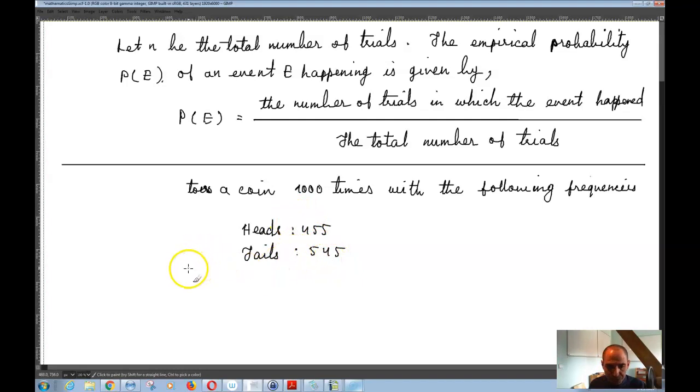Now you want to compute the probability for each event.